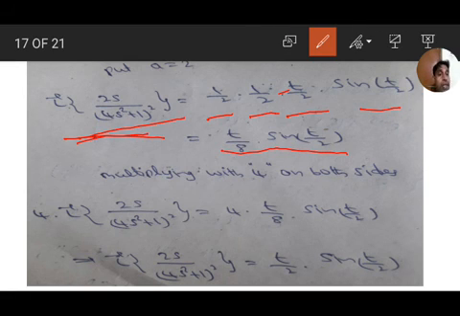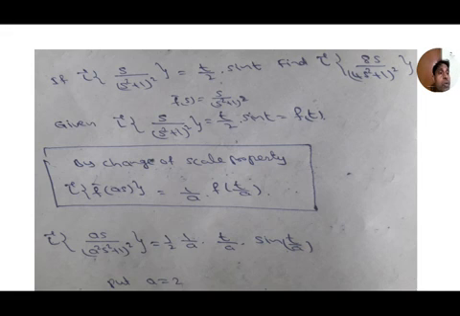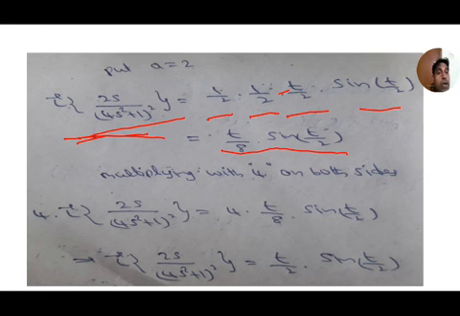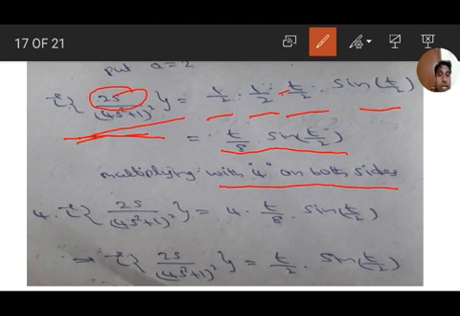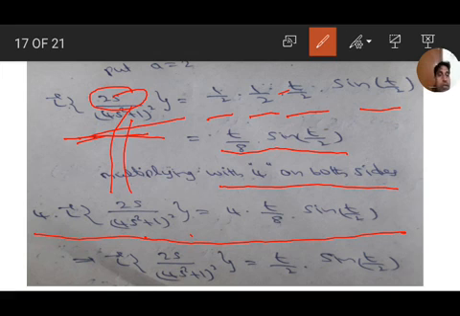But in the question we have 8s by (4s square plus 1) whole square. We got 2s by (4s square plus 1) whole square, which means we are missing a factor of 4. So multiply by 4 on both sides of the equation: 4 into L inverse of 2s by (4s square plus 1) whole square equals 4 into t by 8 into sin of t by 2, so t by 2.